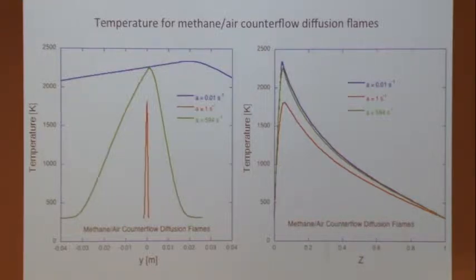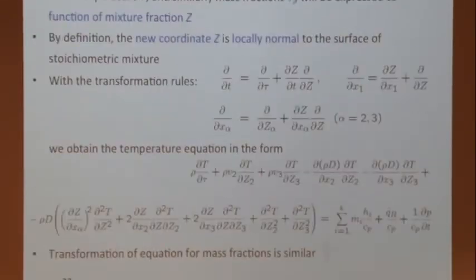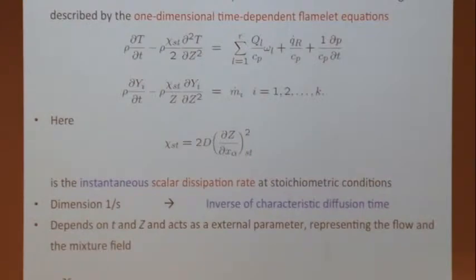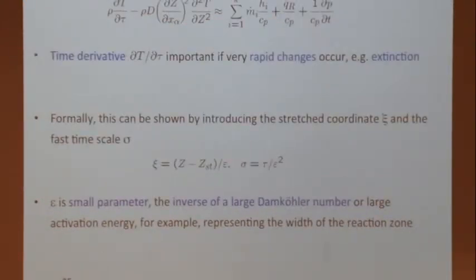Okay, so the gradient of temperature with respect to the spatial coordinate is, in these equations, expressed as the change with respect to z times the change of z with respect to the spatial coordinate. Okay?